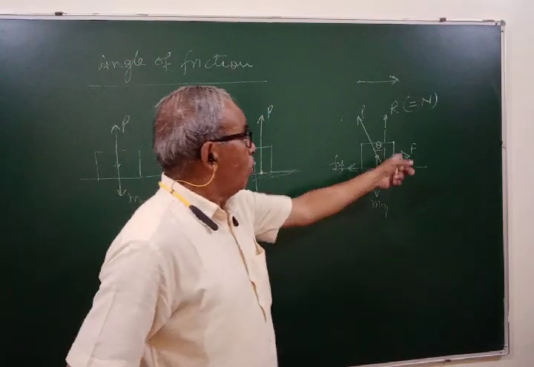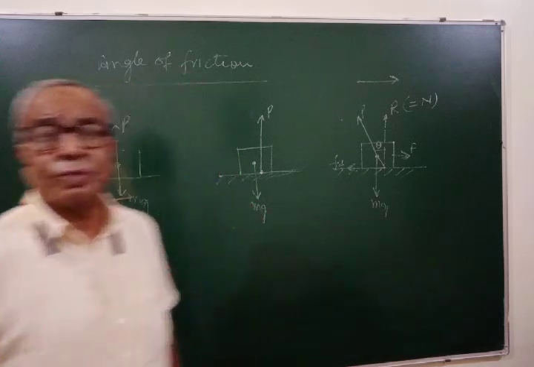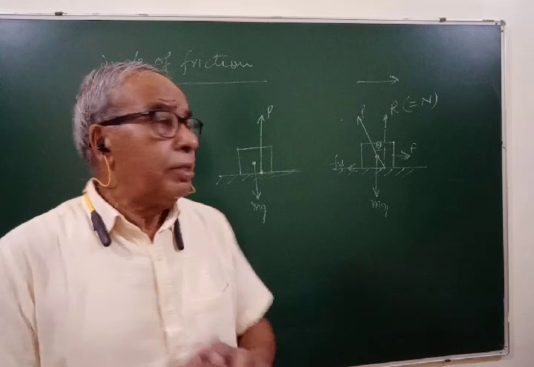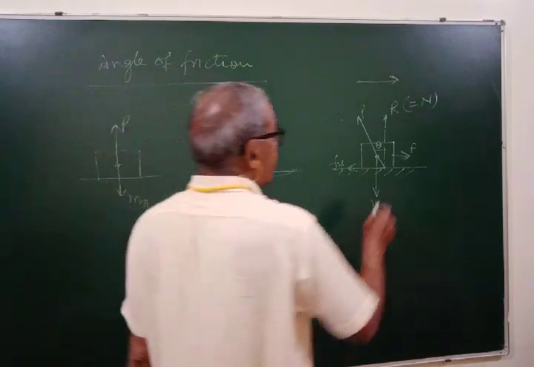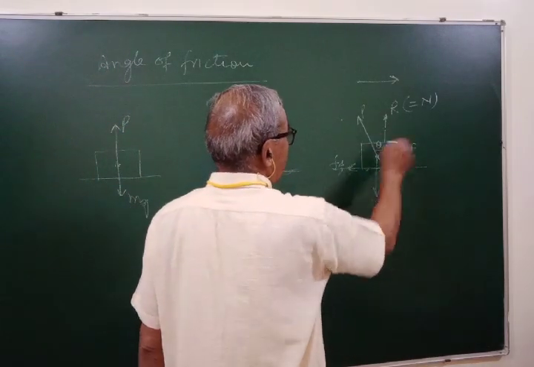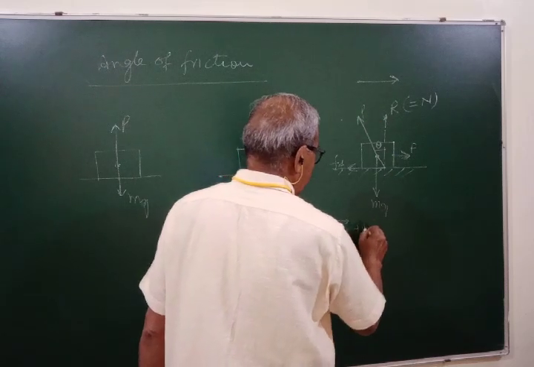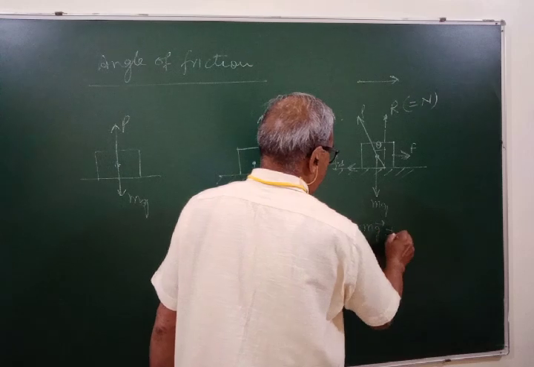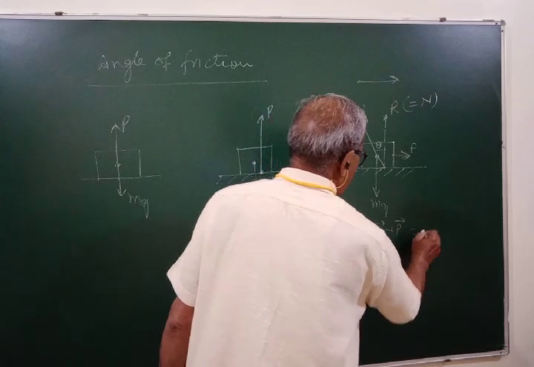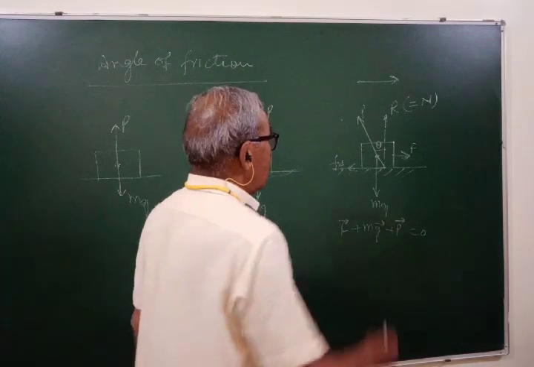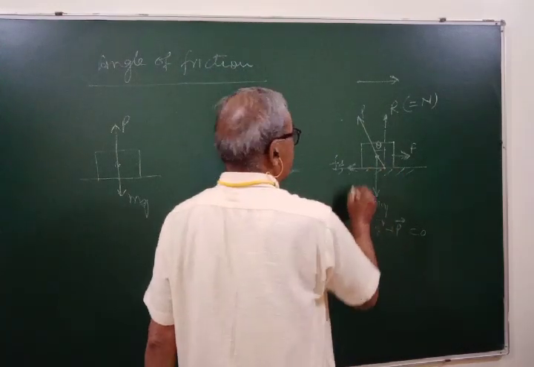Since the block is in equilibrium, the vector sum of F, P and mg, F plus mg plus P, इनका सम 0 रहेगा. It is at rest. It is in equilibrium. It is the force of friction.